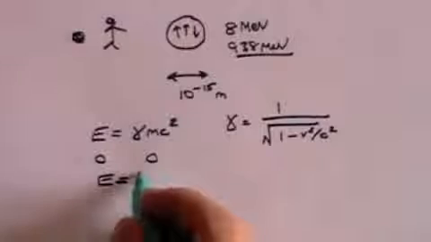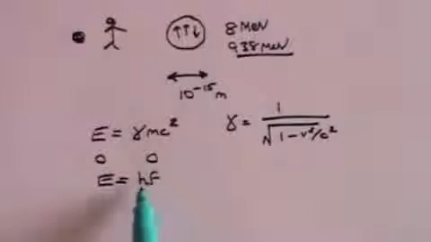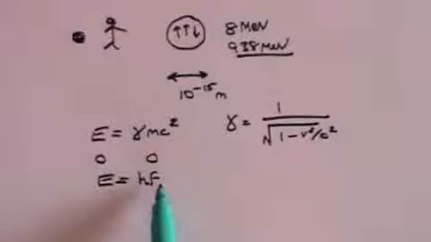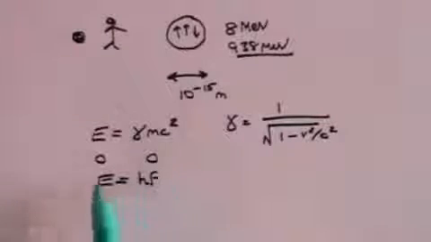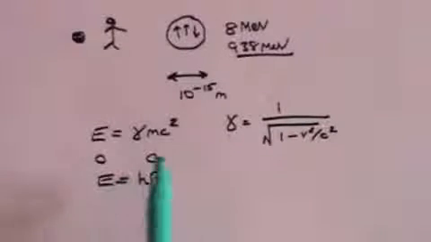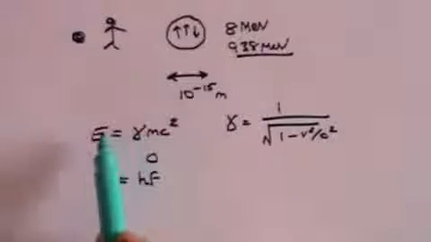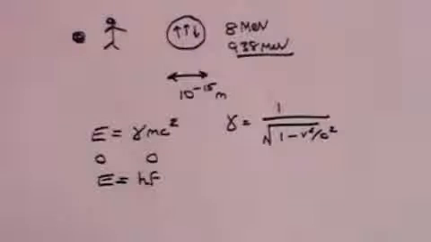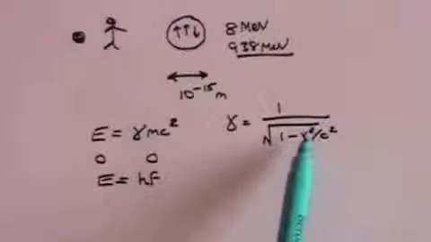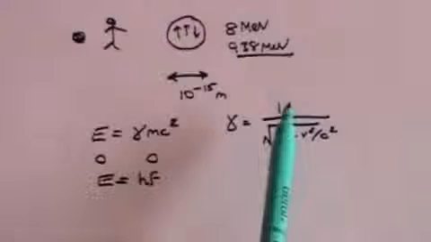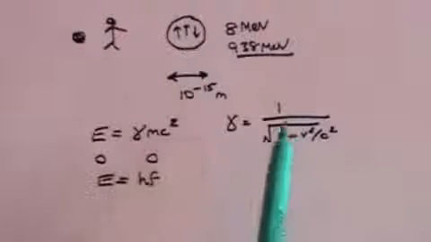Einstein said that energy comes in packets consisting of Planck's constant multiplied by the frequency of the wave of which the photon is a part. But how can a photon have an energy if its mass is 0? Because this formula would tend to suggest that energy is also 0. And the answer is that if and only if the particle is travelling at the speed of light, which means that v is also c, this term becomes 0, and 1 divided by 0 becomes infinity.